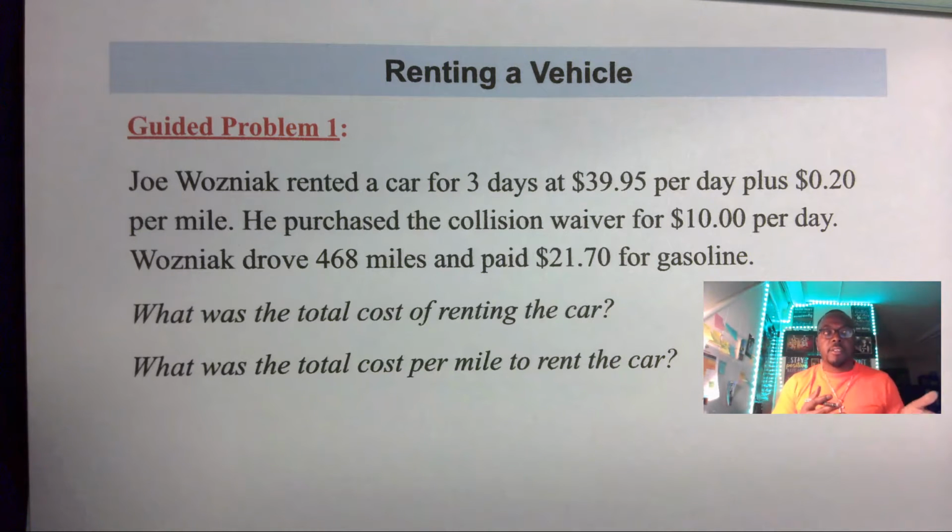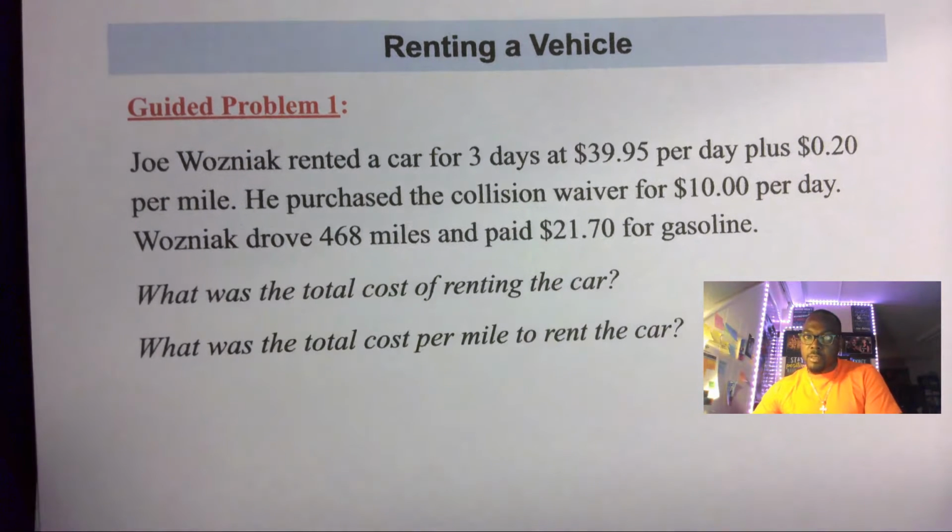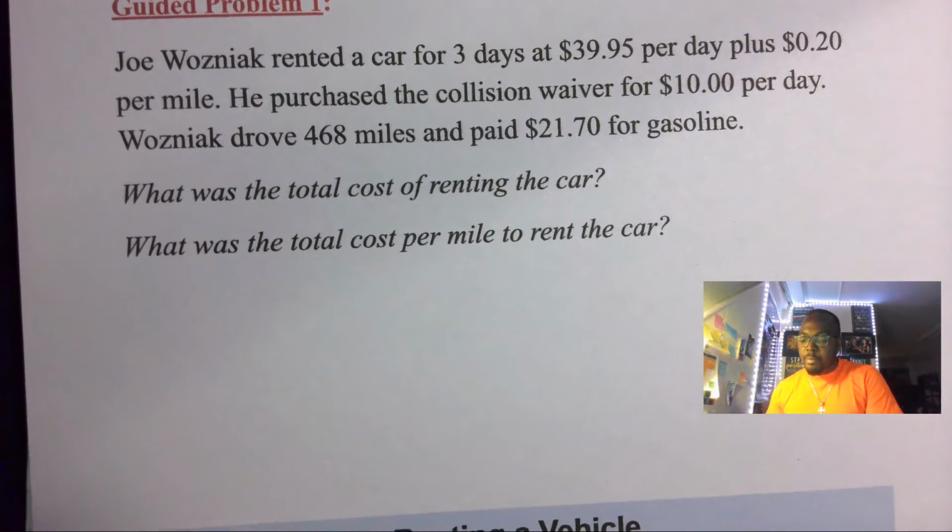He drove the car for 468 miles, and he bought $21.17 of gas. So the first thing we're going to do is figure out the total cost for renting the car, and then we're going to figure out the total cost per mile.